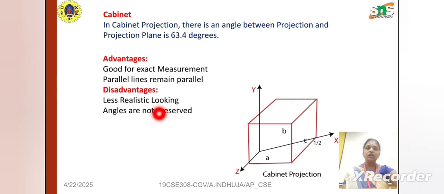The disadvantage is that it is less realistic looking. The object will look as it is, but the realism will be missing somewhere. The angles are not preserved, since we consider the angle as 45 degrees in one type of projection and 63.4 degrees in another. Here the angles are not preserved.